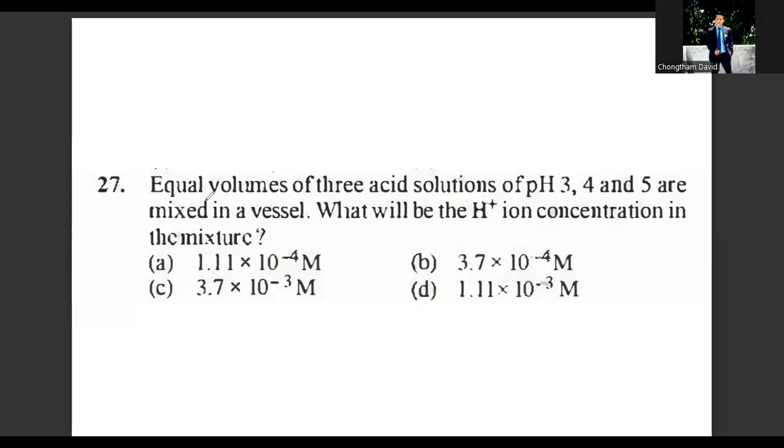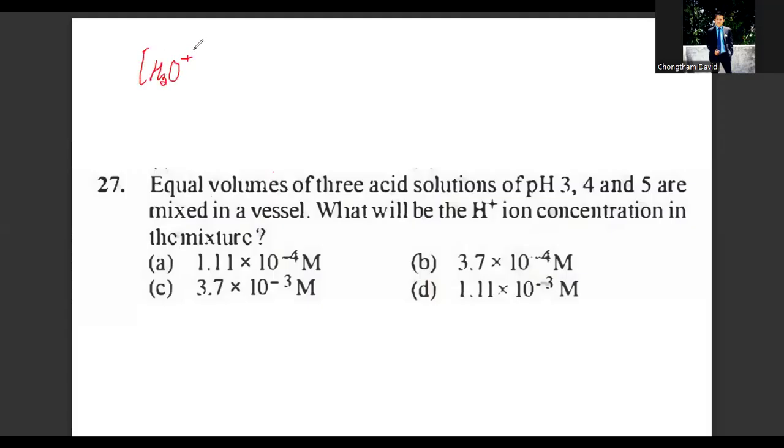For a solution having pH equal to 3, the definition of pH given by Sorensen is the negative logarithm of hydrogen ion concentration.